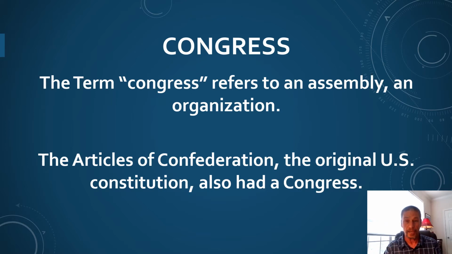The only branch that they had was a branch called Congress, and it was actually just one chamber. So we're going to learn more about the bicameral Congress that we have here. But in the Articles of Confederation, the original Congress in the United States was actually unicameral. There was only one chamber. So again, the concept of a Congress was actually there in the very beginning.